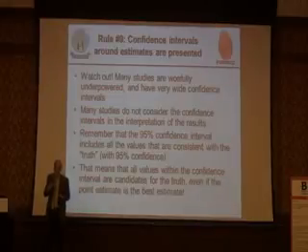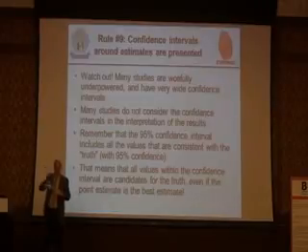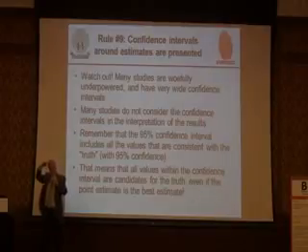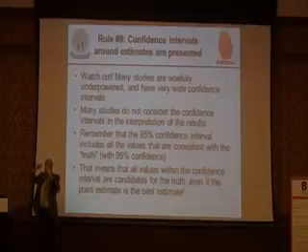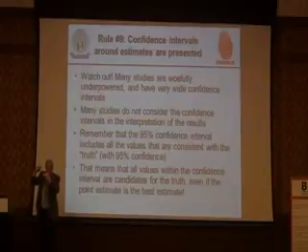So if it's 95 and it goes from 70 to 100, you say, the truth could be 70? Whoa, that's not very good. So you want it to be, let's say it went from 90 to 100, that's much better. So the narrower those confidence intervals, the more confidence you have in that estimate, the 95. Do you see? That's how you use those confidence intervals.